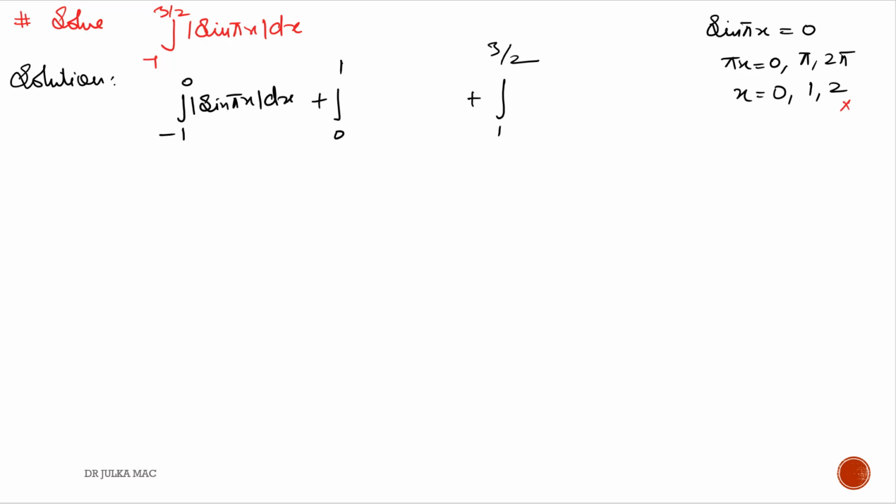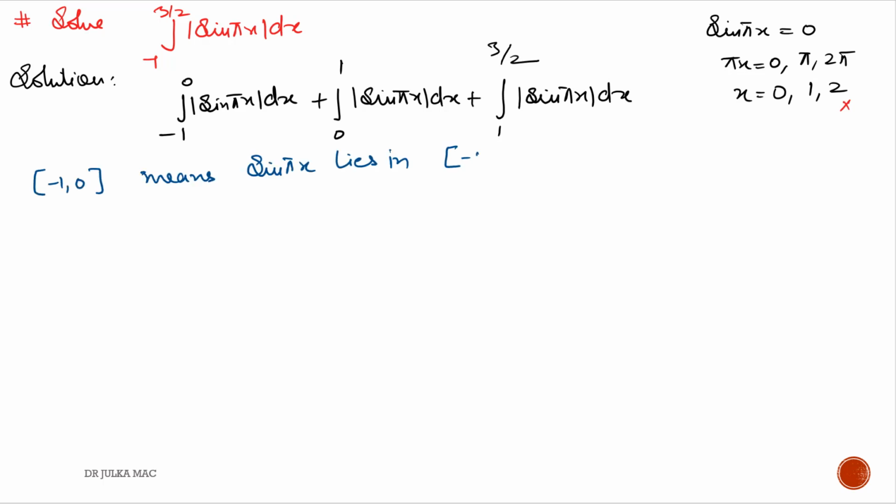So it is minus 1 to 0, plus 0 to 1, plus 1 to 3 by 2, and the function is mod sine pi x. In minus 1 to 0, sine pi x lies between minus pi to 0, third and fourth quadrant, where sine pi x is negative.